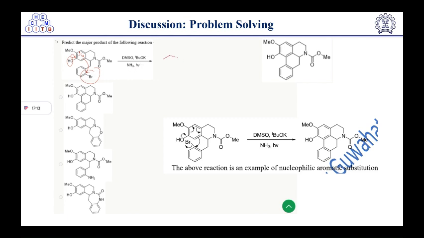So cyclization will happen, which will give the product. I will first make this for your understanding. Here we have OM.